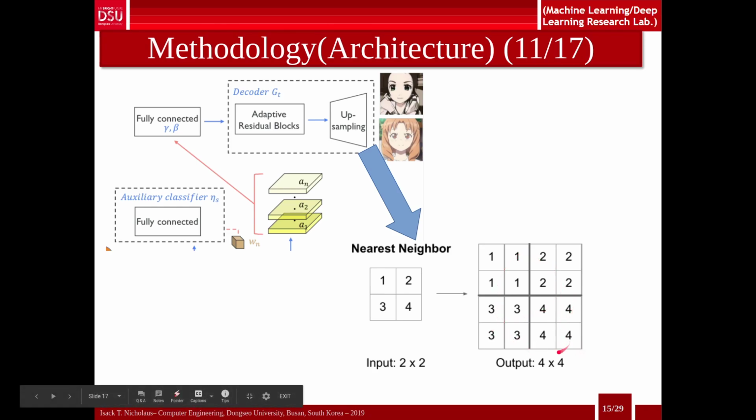By doing this, we move from 2 by 2 to 4 by 4. So here we increase the dimensionality of our output. So this is about the generator.